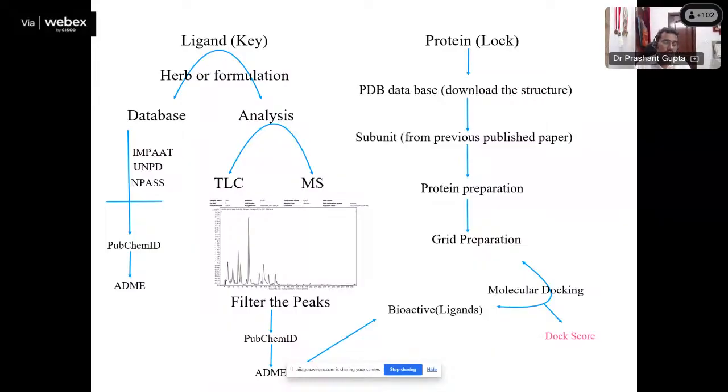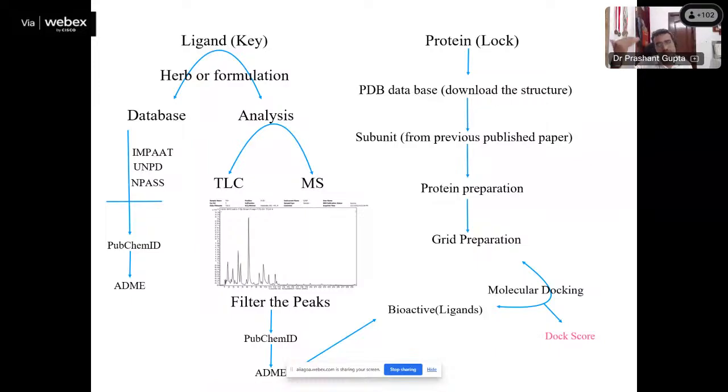So we are using another type of analysis where we usually do a TLC followed by mass spectrometry. Then we get some good peaks, and then we make a filter. And this is again a very judicious filter. Which peak would work? We don't know whether it is a primary metabolite or a secondary metabolite. A Dravyaguna person could better tell us that although the peak is low, the concentration is low, it can potentially work.